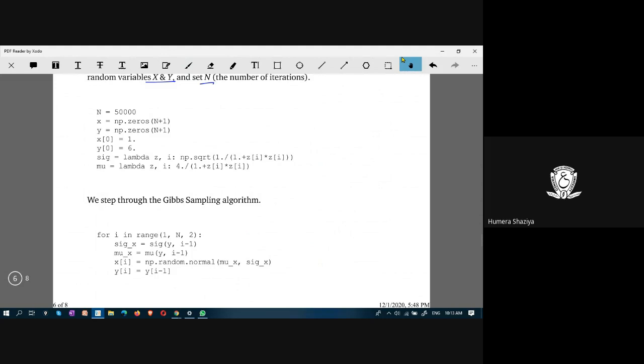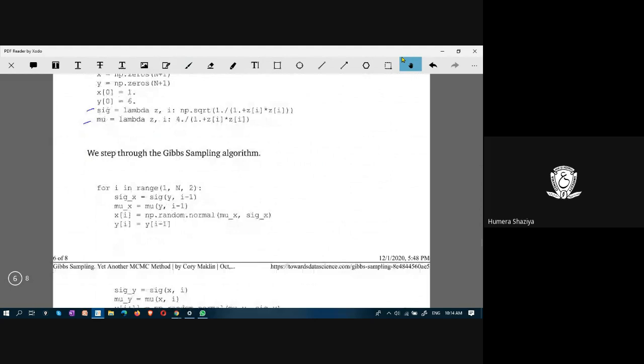So apparently this is nothing but the sigma and mu, this implementation of those formulas that we saw just now. And then this Gibbs sampling algorithm is iterated for i in range 1 to n. N is 50,000, with a skip of 2.